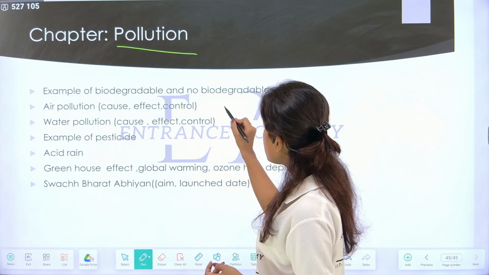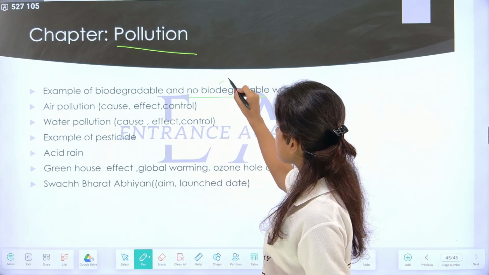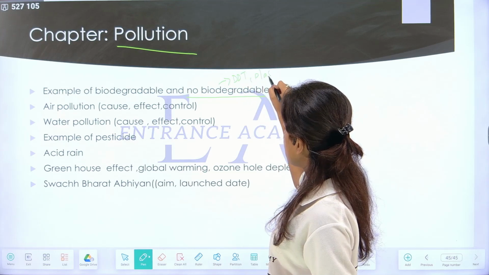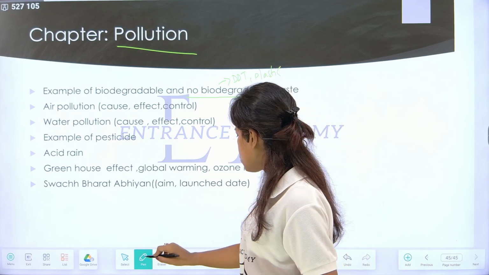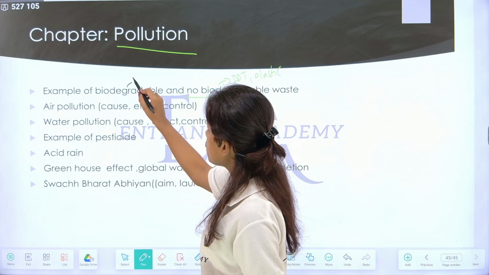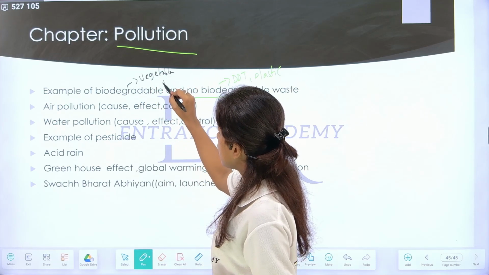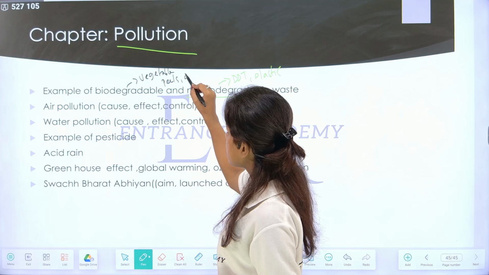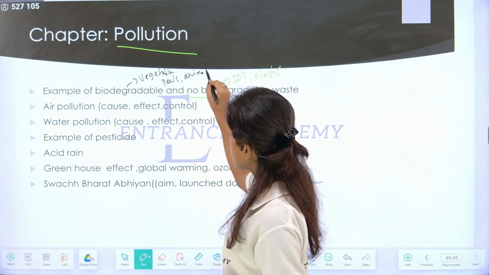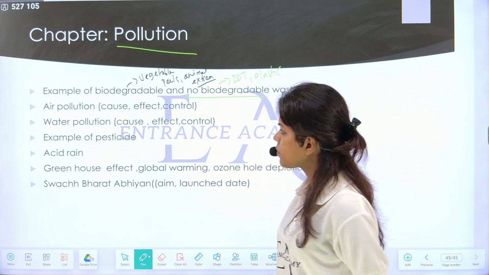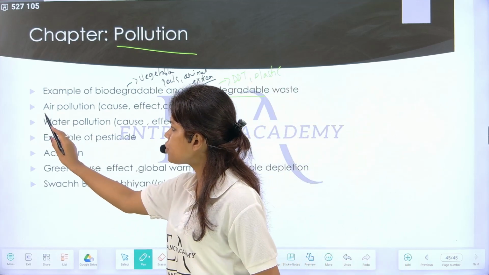As an example, non-biodegradable waste includes DDT and plastic, and biodegradable waste includes vegetable peels, animal excreta, plant residue, etc. Next, these are very common questions which we can expect.